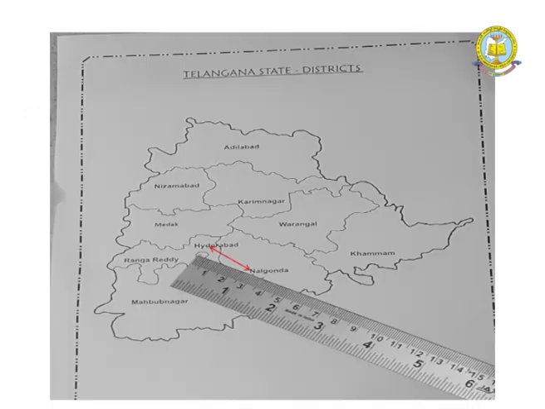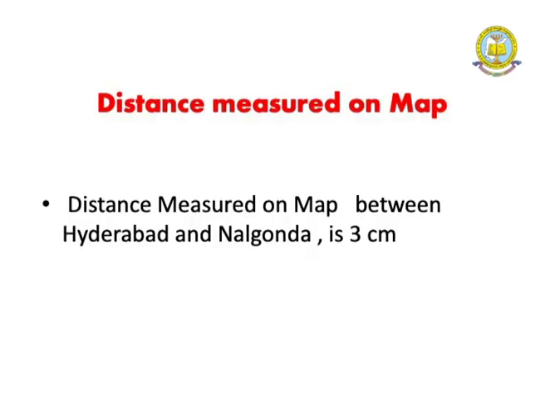For example, this is a map of Telangana, showing the previous 10 districts. On the map, the distance between Hyderabad and Nalgonda measured with a scale is 3 centimeters, but the actual distance between Hyderabad and Nalgonda is 120 kilometers.